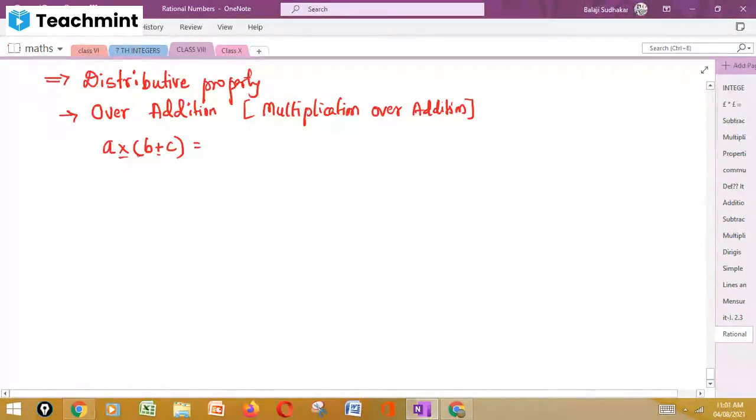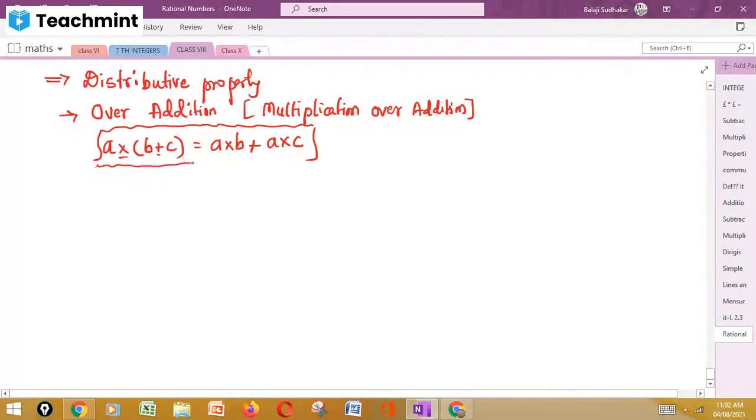A is multiplied with B, so we write A into B, plus A is also multiplied with C, that means A into C. So this is the formula for the distributive property over addition.